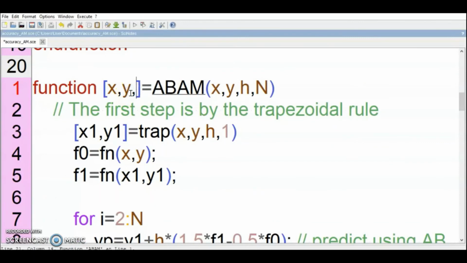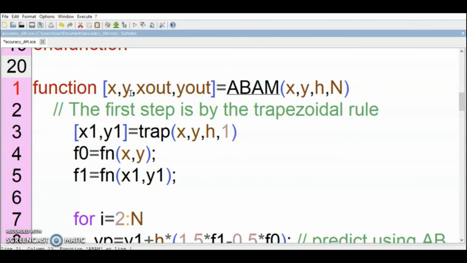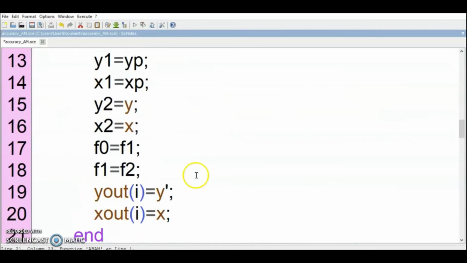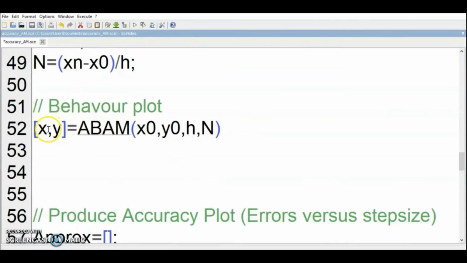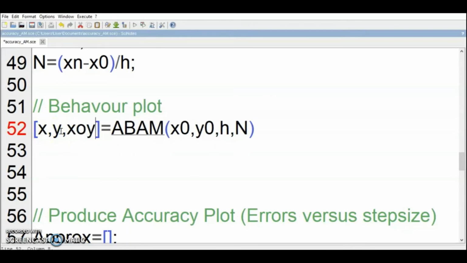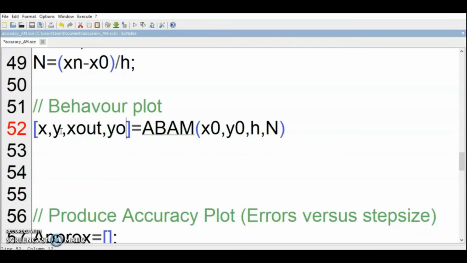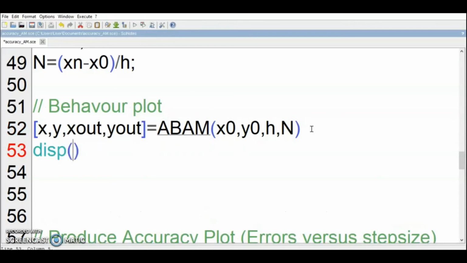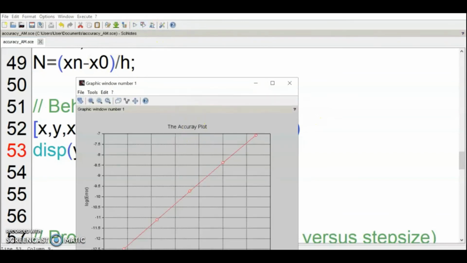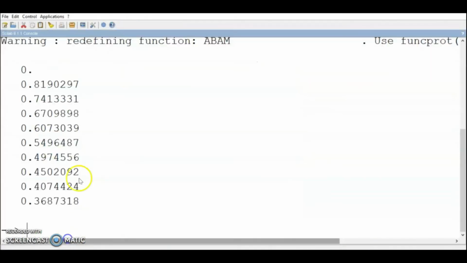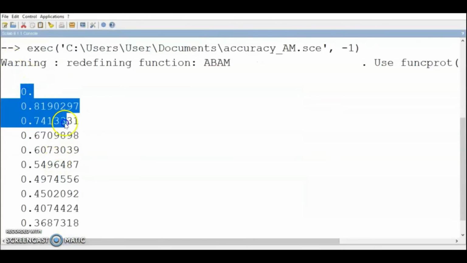Then I need to define another one called xout, yout. This is why I say you do it separately, because the behavior plot means I want to produce the plot of all these values of x and y. So we have xout, yout. Now let me just test it. Display yout. I should get a few values of x, yout here. Look at that. Few values.